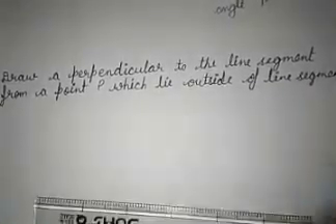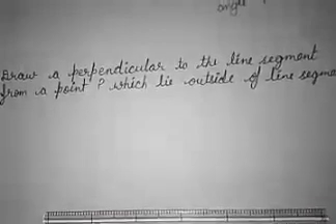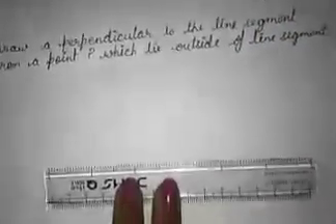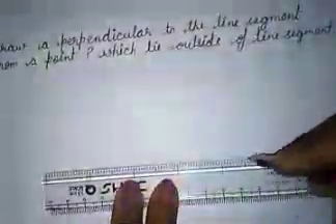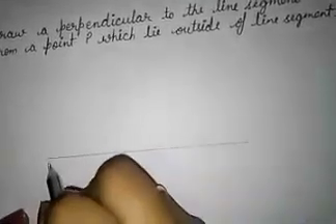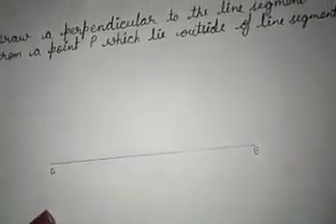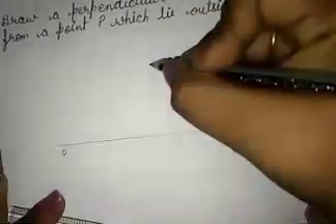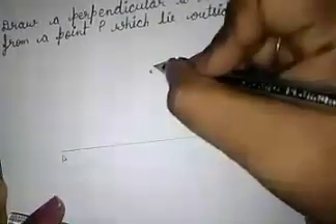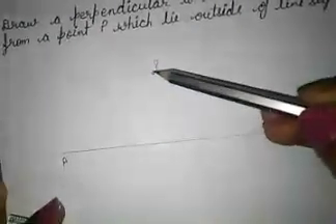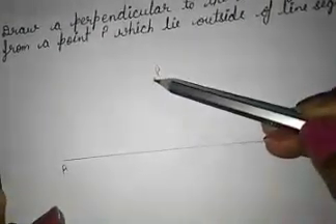So similarly for this also, first of all we will draw a line AB. Now we have the point lying outside P, and we have to draw perpendicular from this point.